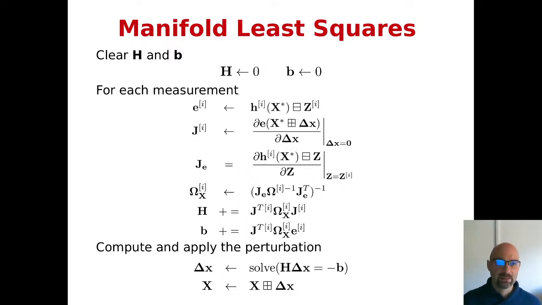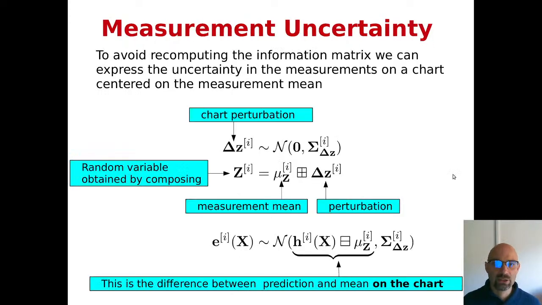There's an alternative that might rescue your existence, which is most often the case, which is when the covariances or the information matrices are expressed in the chart of the measurement. So that is, assuming that I see there an object, in order to describe the error, I describe the error not on the parameter space of this sphere, this plane or this thing, but I describe the error in the space of the perturbations around the measurements.